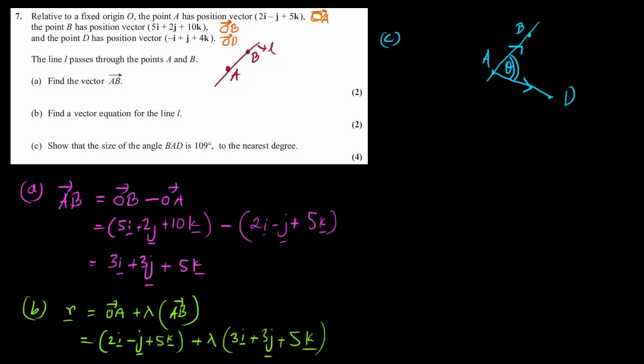The rule is, if you want to find the angle between two direction vectors, make sure they are coming outside from that point, meaning it has to be the A to B arrow and the A to D arrow.